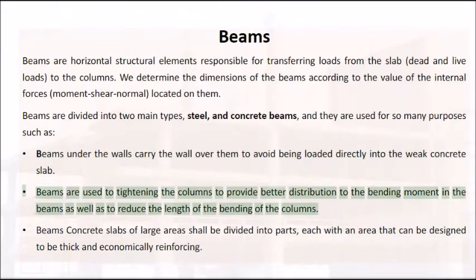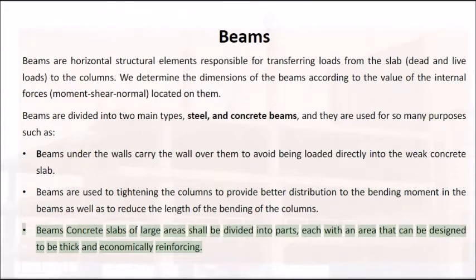Beams are used to tie the columns, to provide better distribution of the bending moment and to reduce the bending length of the columns. Concrete slabs of large areas shall be divided into parts, each with an area that can be designed to be thin and economically reinforced.